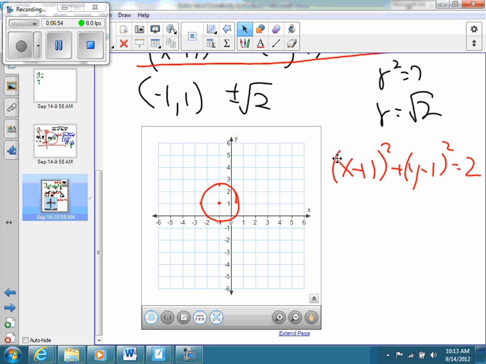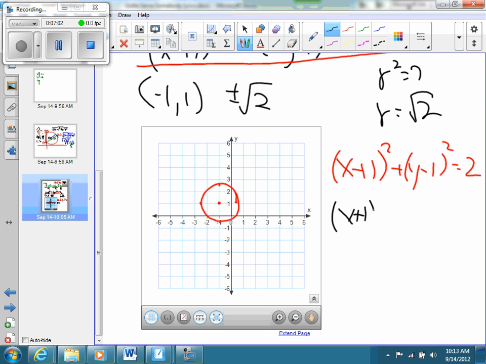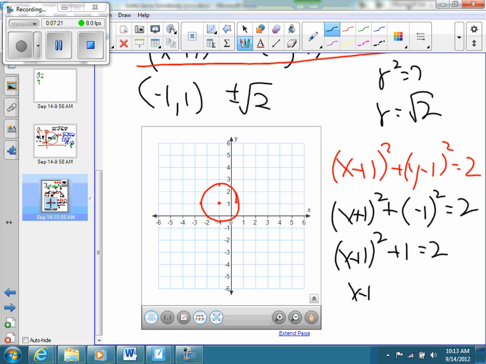Set y to 0. The x-intercept is going to be where y equals 0. So if y is equal to 0, I'm going to have (x plus 1) squared plus negative 1 squared equals 2. So (x plus 1) squared plus 1 is equal to 2. (x plus 1) squared is equal to 1.